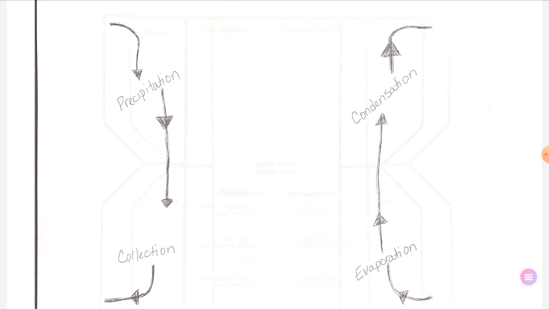Precipitation. What is precipitation? Right, Grant. When rain gets heavy and it falls. So, rain is precipitation. Let's draw some raindrops on our precipitation flap. Okay, what else is included in precipitation that I could try and draw?